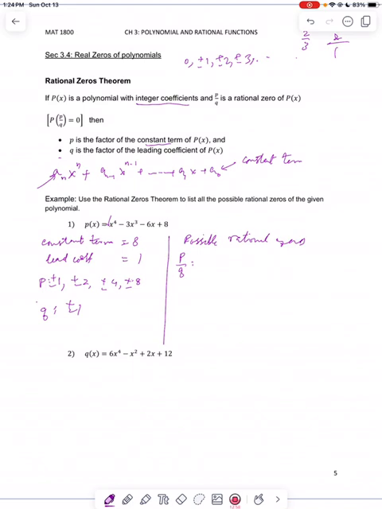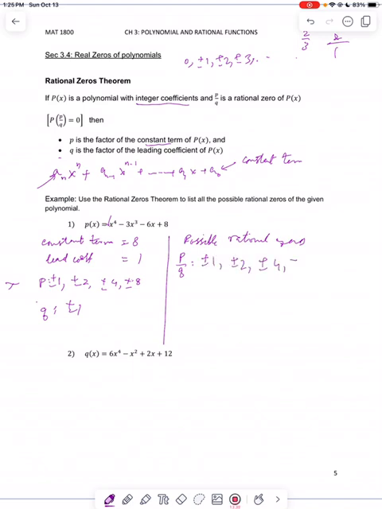So we get plus minus 1 over plus minus 1, and so on, and it is going to be the same as the values of p, because the division is only by plus or minus 1. So I can directly say that the values are plus minus 1, plus minus 2, plus minus 4, plus minus 8.